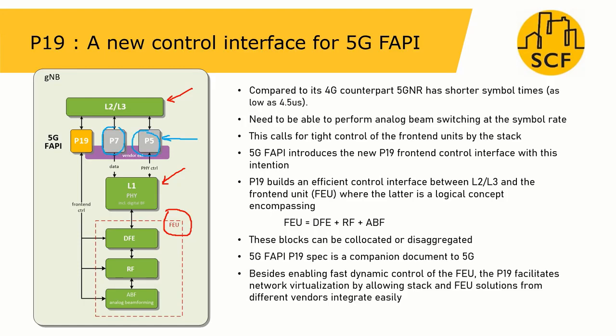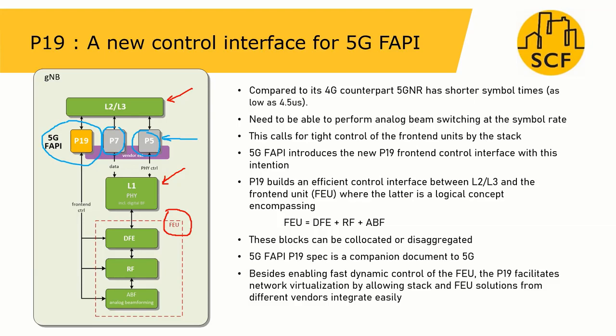Here, P7 is dedicated for the data flow, while P5 is used for control plane operations. In this sense, the 5G spec mimics its 4G counterpart. What's new to 5G is the P19 interface. This interface gives the L2, L3 layers direct access to the front-end unit blocks for efficient control and configuration.